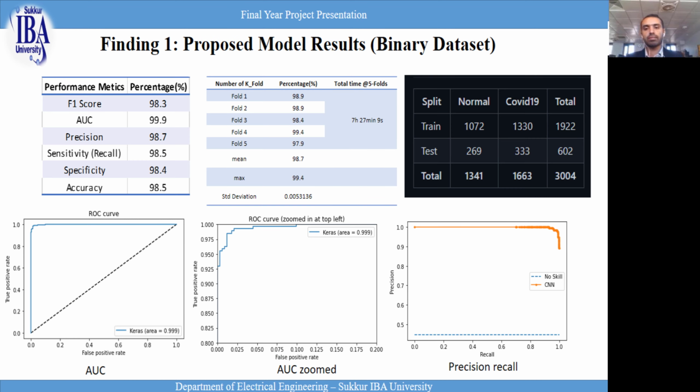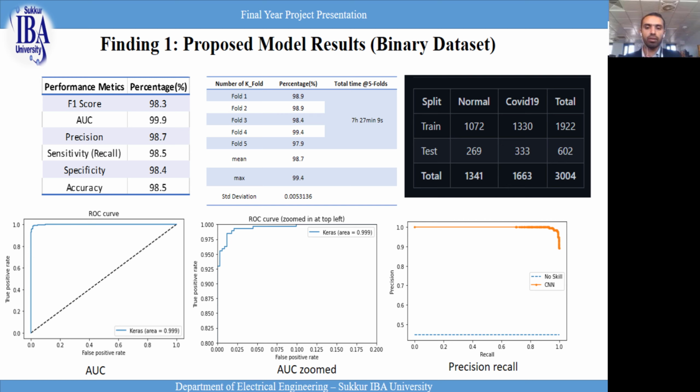So this is the finding on the proposed model with the binary data set. This is the data set, and we have trained the model on this data set. The highest accuracy is coming for F1 score 98, ROC 99, precision 98, and recall 98. We have applied k-fold cross validation.